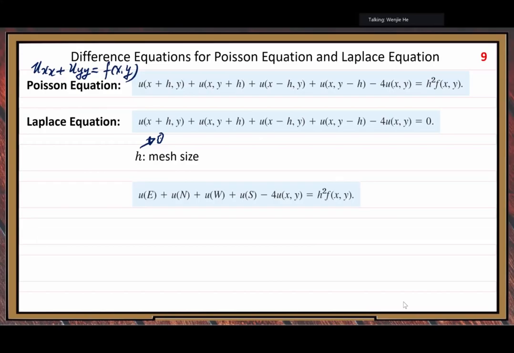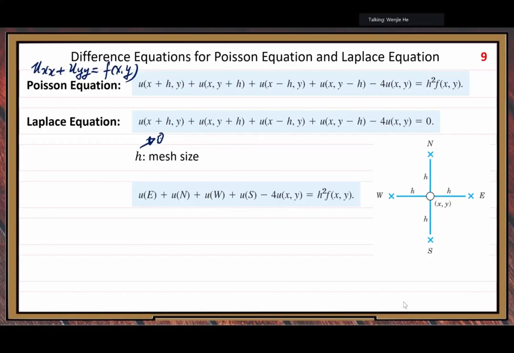Another way to represent this, because for an equation like that it's relatively hard to memorize, people use the directions east, north, west, south. We use this diagram to show it. The current point is at x, y.